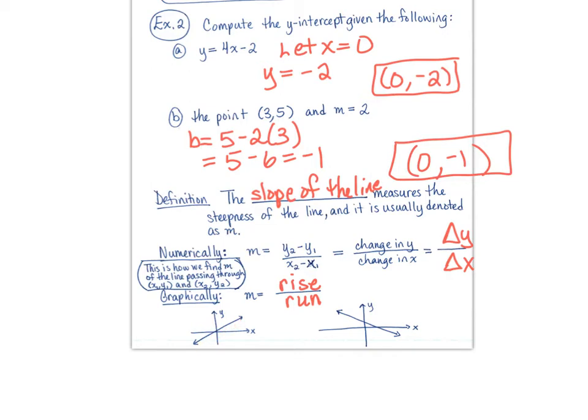Positive slope, right? It has a positive slope because it's increasing. What about this one on the right side? Negative slope, good.